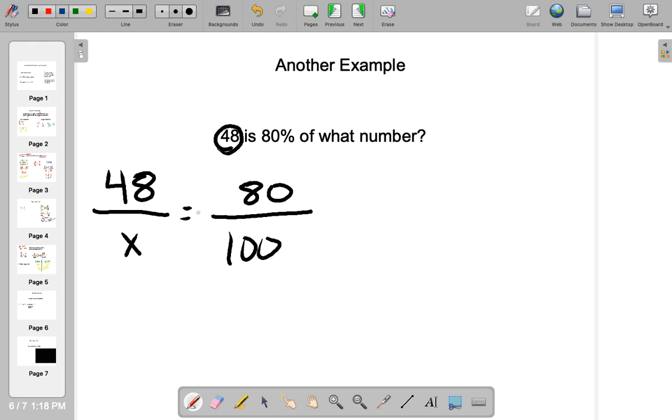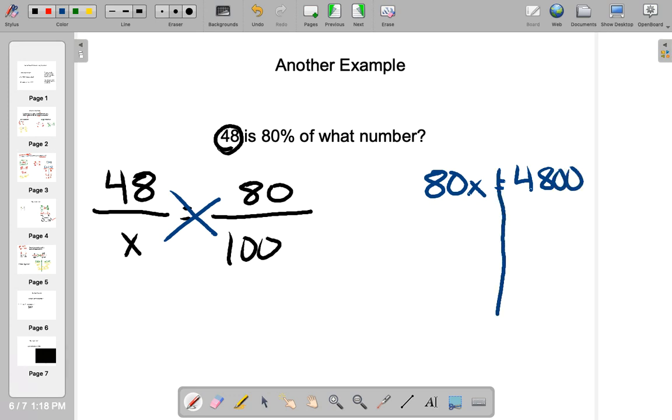And once we have the proportions set up, we can cross multiply again. Do it over here on the right. 80 times x is equal to 4,800. I am going to try to draw a straight line on my tablet. That wasn't too bad.